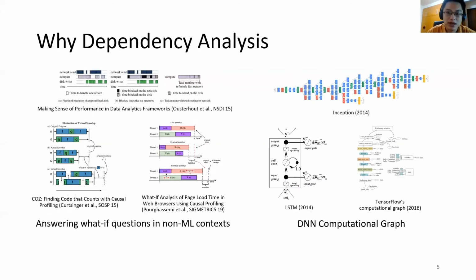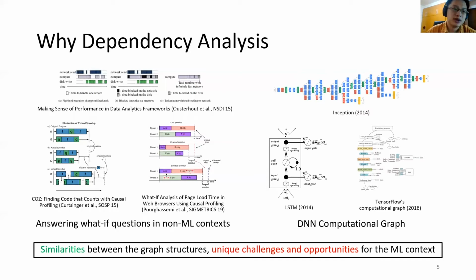So for example, many DNN models are specified using dependency graphs, and mainstream machine learning frameworks also perform the computation based on the dependency graph structures. So the similarities between the graph structures suggest that we can use the idea of dependency graph analysis for our system.